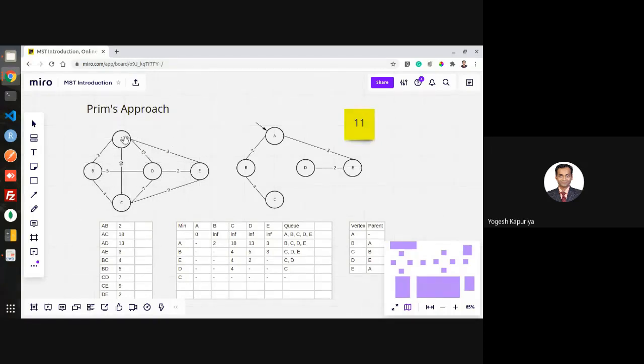Now for this graph, path means a set of edges which connects any two vertices.